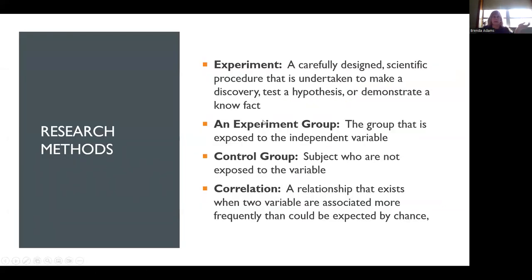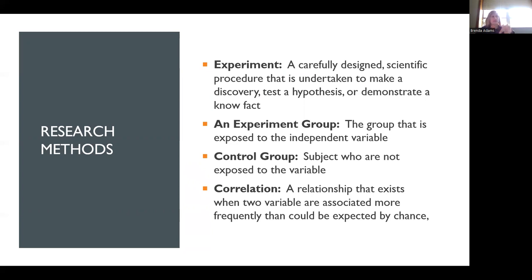So an experiment is a carefully designed scientific procedure that you use to test your hypothesis and demonstrate a known fact. An experimental group is the group that is exposed to the independent variable. The control group is the group that is not exposed to the variable. So let's say we want to see if Mountain Dew makes you hyper or more jittery.